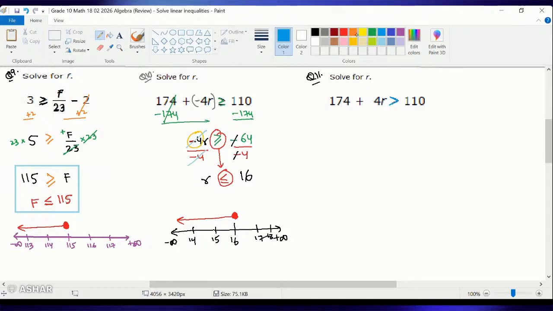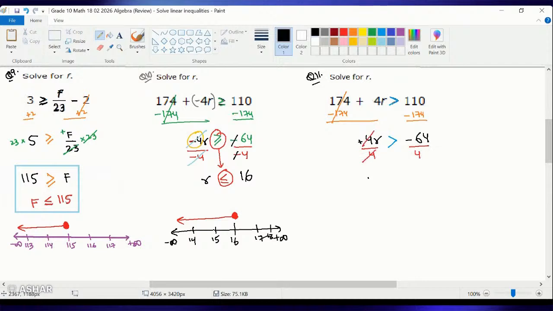We do the same working. We subtract 174 on either sides. Because it's a numerical value, we can say 4R is greater than minus 64. But now we can see that the variable is positive. So all we need to do is divide by 4 on either sides.